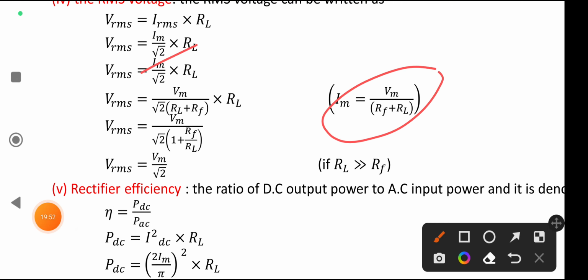Then take RL common outside, and RL gets cancelled. Now Rf by RL becomes 0 according to this condition. When it is 0, we get Vm by root 2.